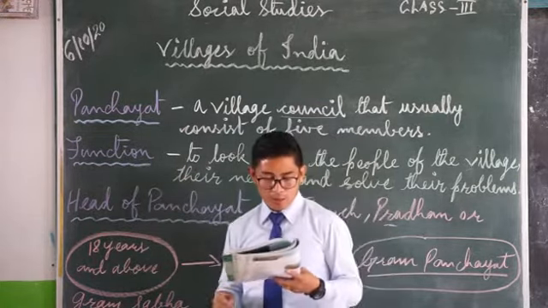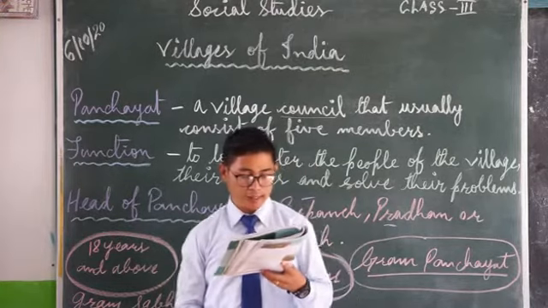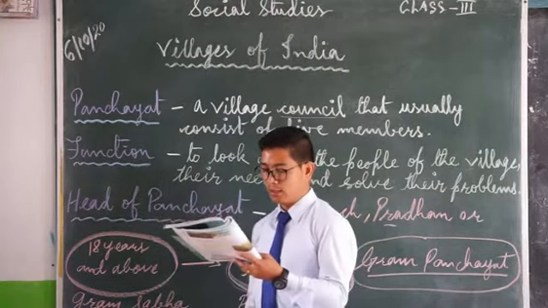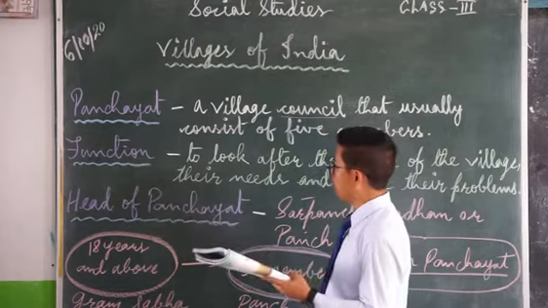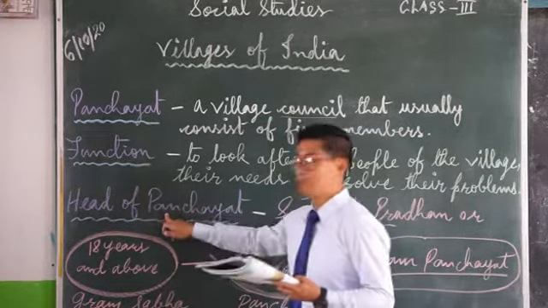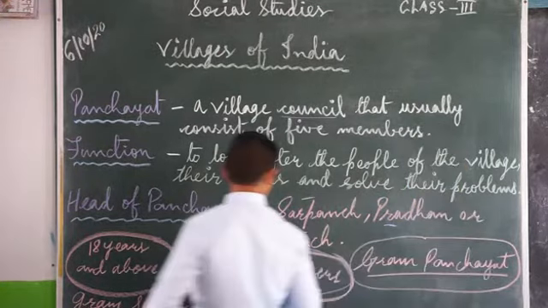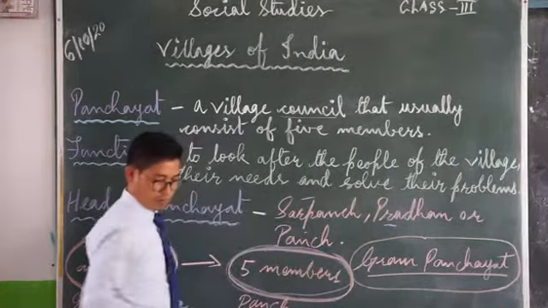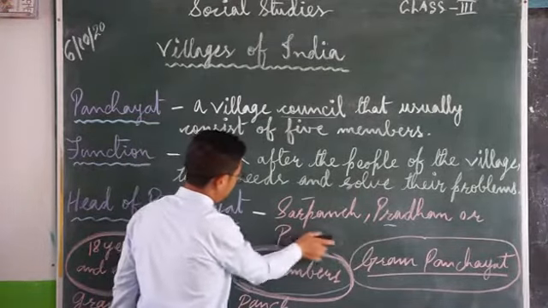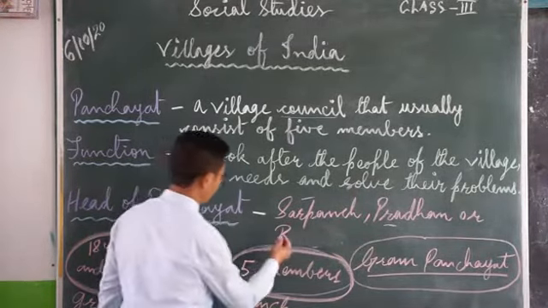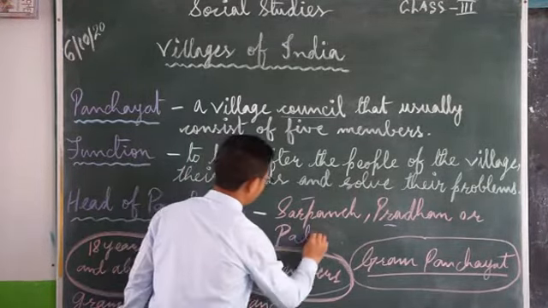Okay? One member is elected as the head of the Panchayat and is called the Sarpanch, Pradhan or Patil. Head of the Panchayat: Sarpanch, Pradhan or Patil. This is not Panch, Patil. Okay.